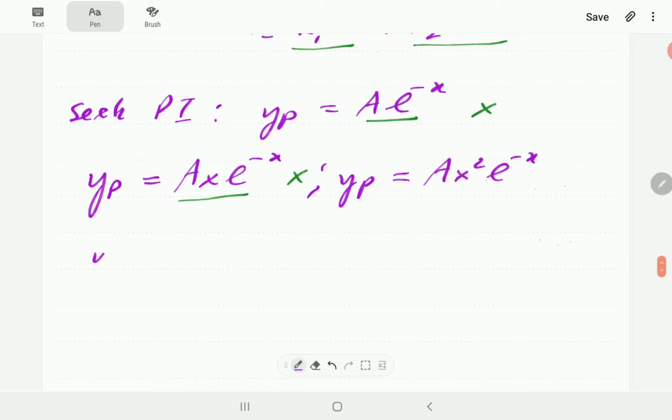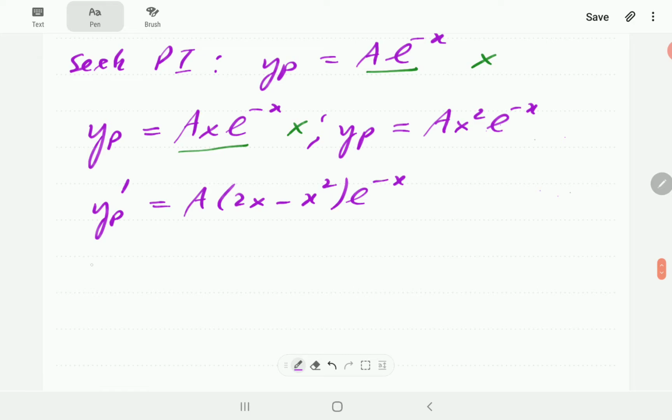Then if we differentiate this using the product rule, when we differentiate x squared, we get 2x. When we differentiate e, we get to multiply everything by -1.